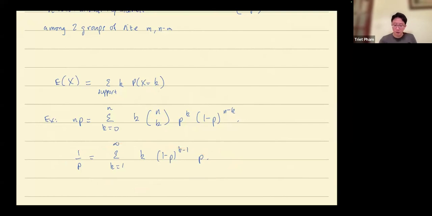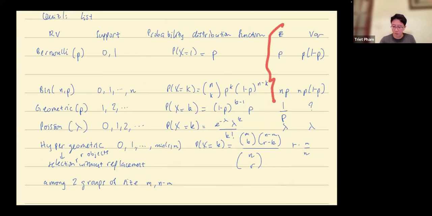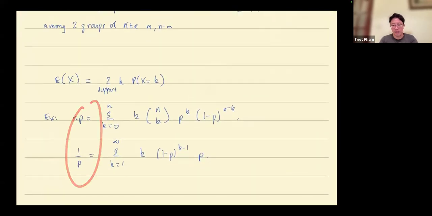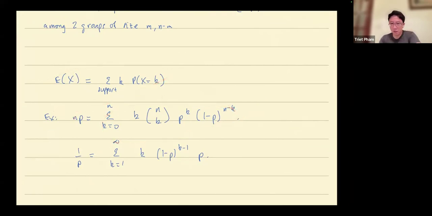So on and so forth. And this is the reason why you want to memorize this result, because you're not going to be able to work out this expression by the definition of an expectation, let's say on the exam or whatever.